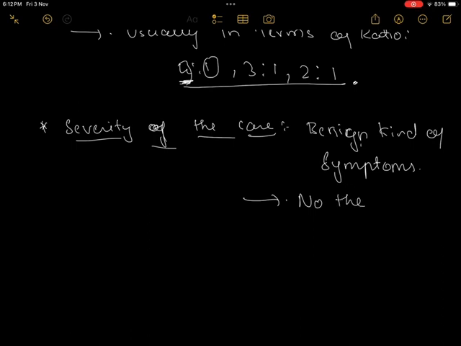Usually it is treated by giving the patient antiarrhythmic drugs such as lidocaine or amiodarone, which I'll be discussing later. No specific treatment is needed.